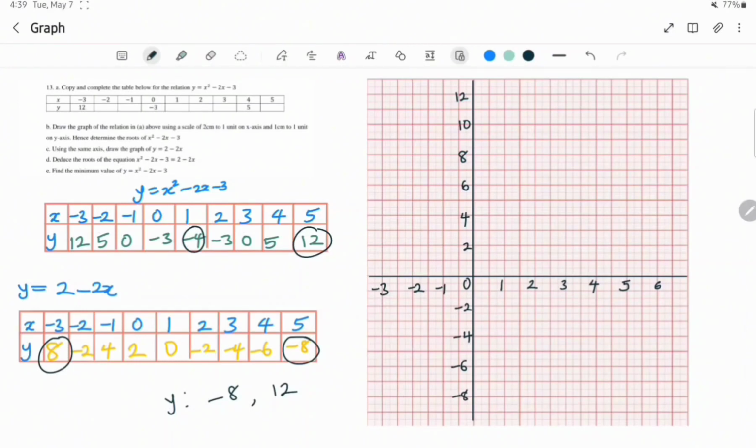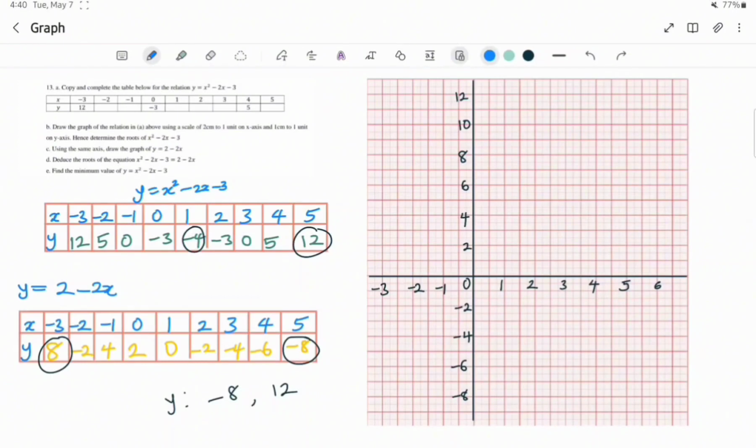You can see that even though we did not write 0, 1, 2, 3, 4, 5, 6 for the y-axis, we are still using the scale required of us. We are asked to use 1 centimeter to 1 unit on the y-axis. That means from here to here is one unit. 8 to 7, from 7 to 6 is also 1 unit. I hope you understand what I meant. Now that we've done this, let's insert our values.